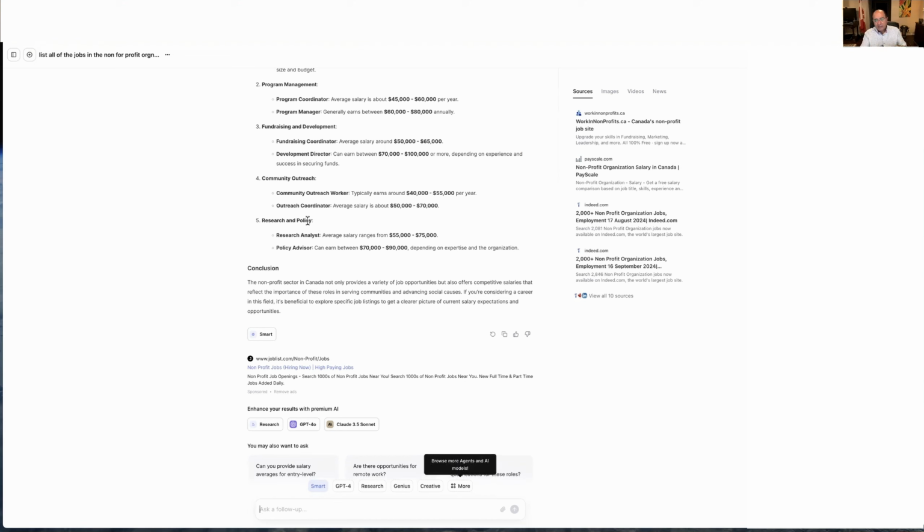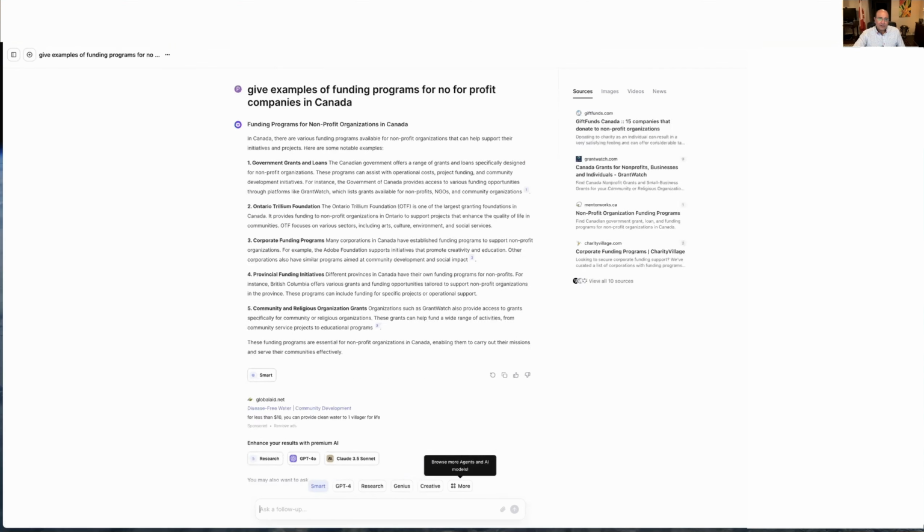Research and policy staff. Their job is to find out where those fundings are and do research, looking into the future of some policies so that we can adapt our strategic management to any change that is coming. Their salaries can go up to $90,000.